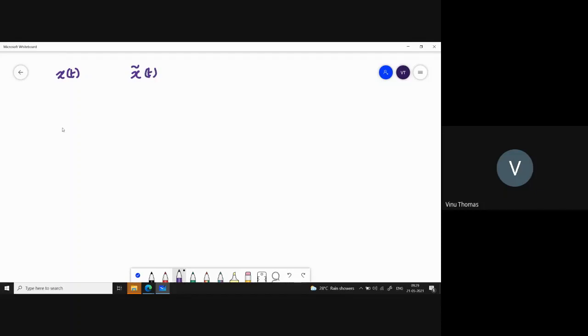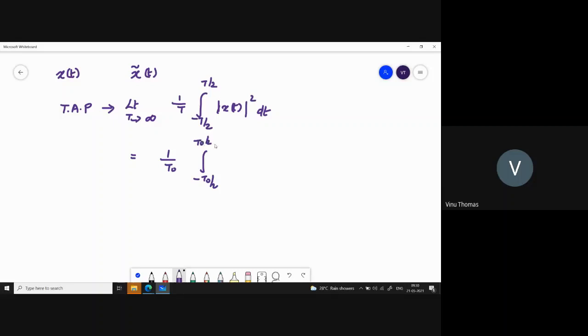So if you have a periodic signal x tilde of t, then we can show that the total average power, which is defined for any x of t as limit t tending to infinity 1 by t integral from minus t by 2 to plus t by 2 of modulus of x of t the whole square dt, can be computed as 1 by t0 integral from minus t0 by 2 to plus t0 by 2 of modulus of x of t the whole square dt.